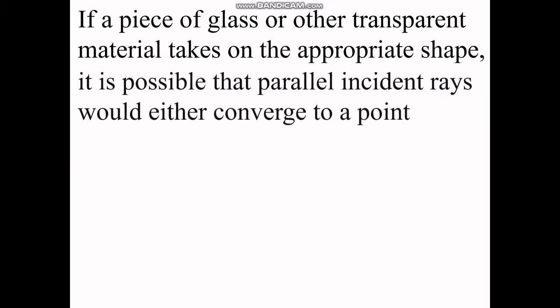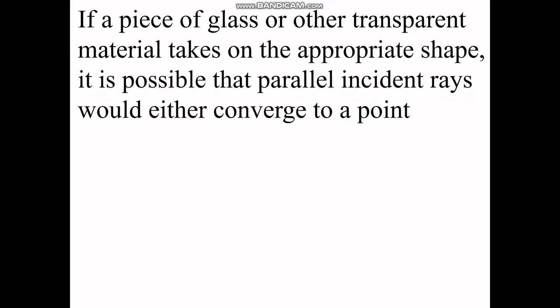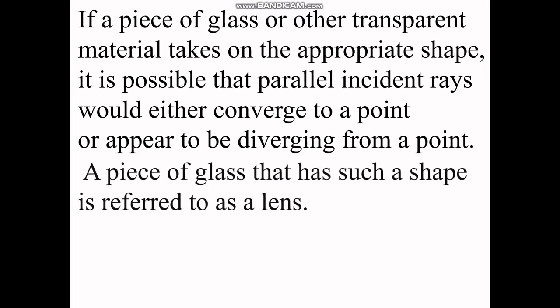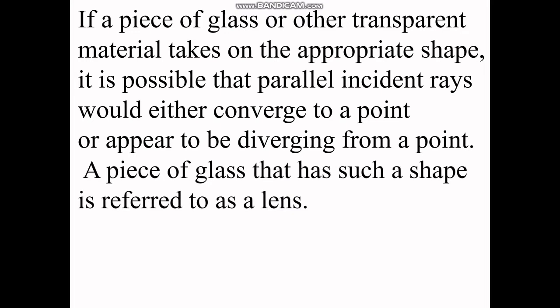If a piece of glass or other transparent material takes on the appropriate shape, it is possible that parallel incident rays would either converge to a point or appear to be diverging from a point. A piece of glass that has such a shape, that means a piece of glass which can converge or diverge the light, is referred to as a lens.